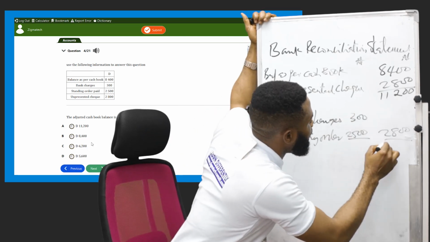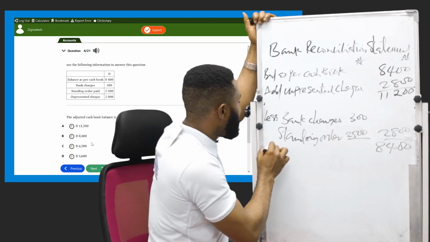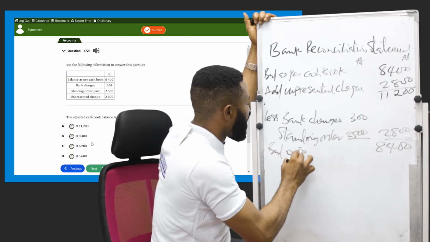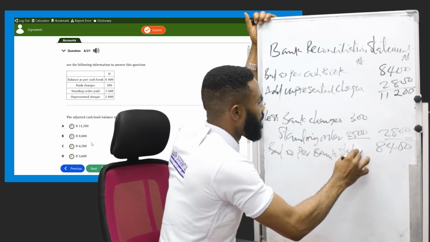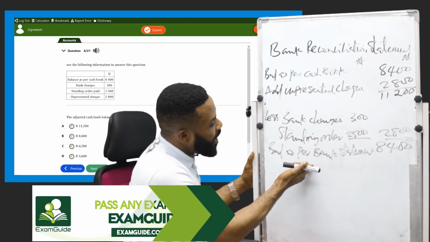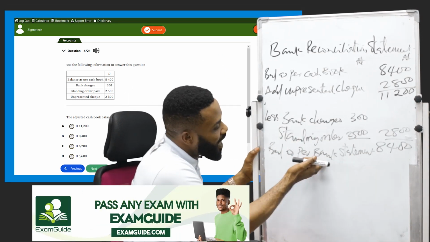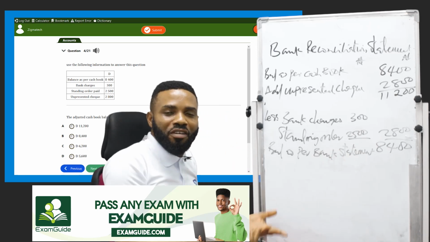You are going to get 8,400. This will now be the balance as per what? Bank statement. You see how interesting it is? Look at this. We have arrived at the balance as per bank statement, but in the question, it was not given.